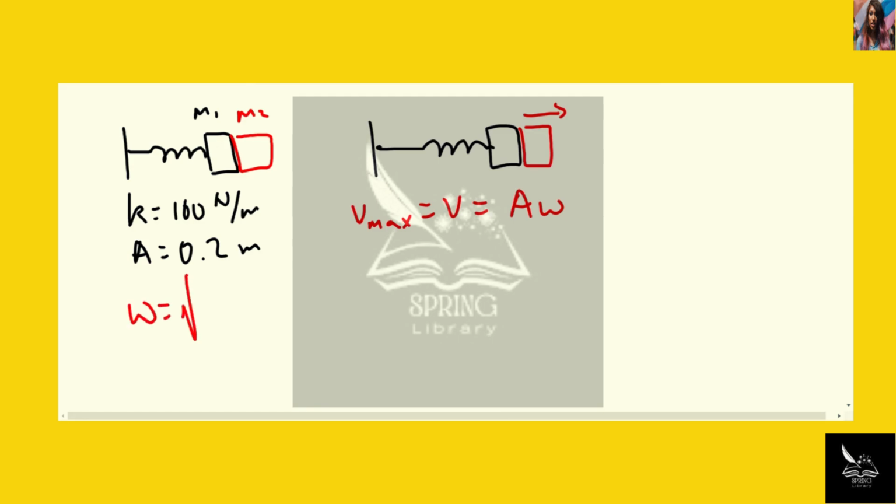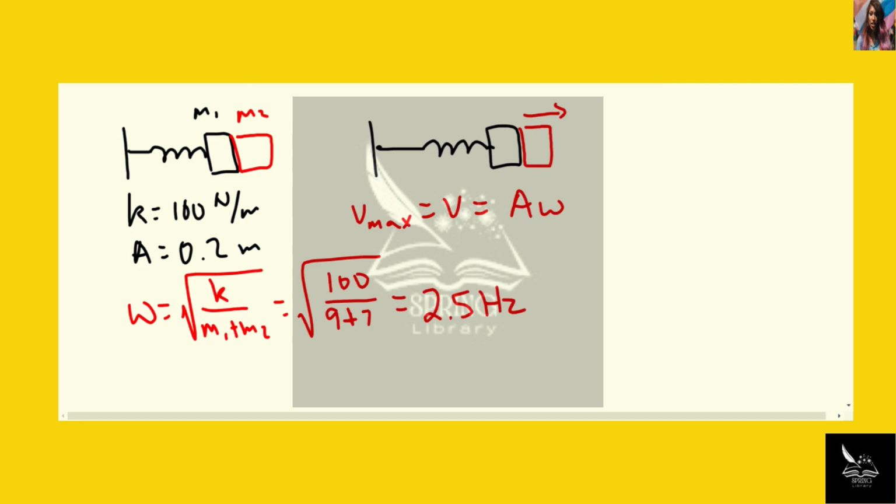Omega is the square root of K over M, but it's both M's, right? So that is 100 over 9 plus 7, which is 16. They chose numbers that were perfect squares, which makes this come out slightly nice. Okay. And so you're going to get 0.5 meters per second. Okay. So that's the maximum speed.